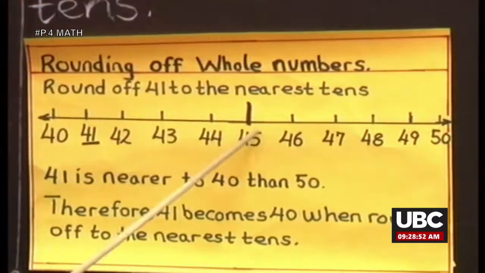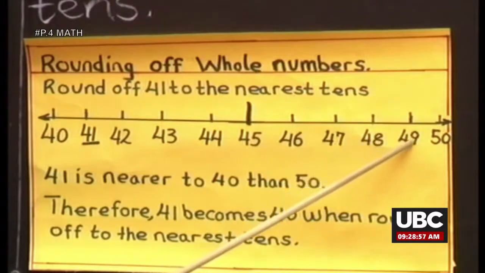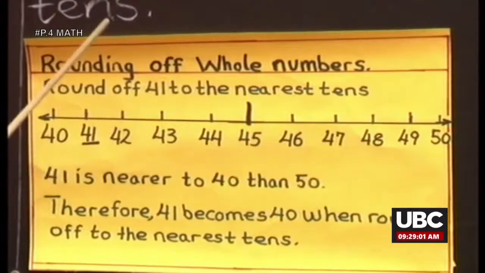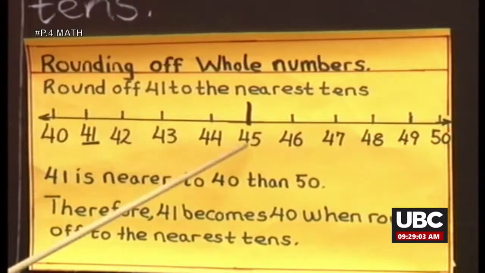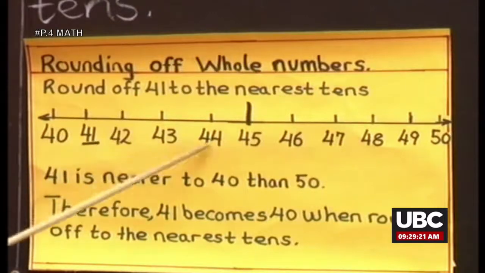And numbers from 5, 6, 7, 8, 9, you round off upwards. 45 is tricky because it is in the middle. But the rule says when you are rounding off 45, you round off upwards and not downwards. But all these numbers between 40 and 45, when you are rounding them off, you round off downwards.